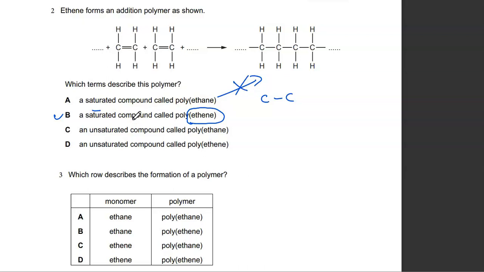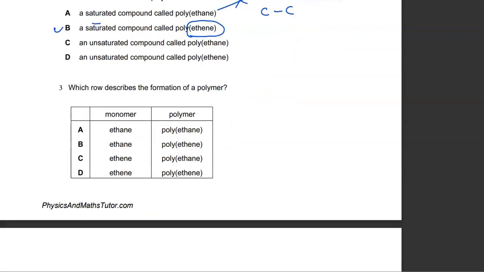Can I see D? No, I can't see D. Okay, you can't see D. How about now? Yes, it's D. Formation of polymer.